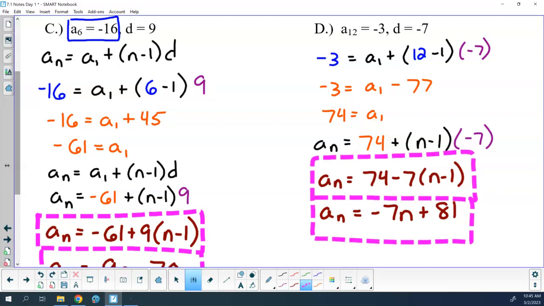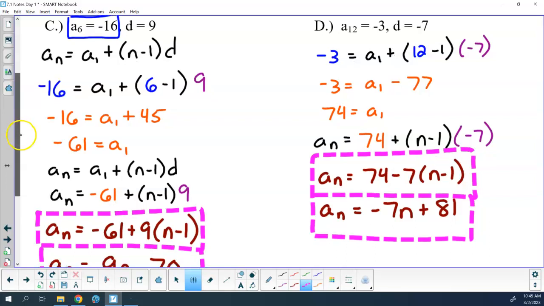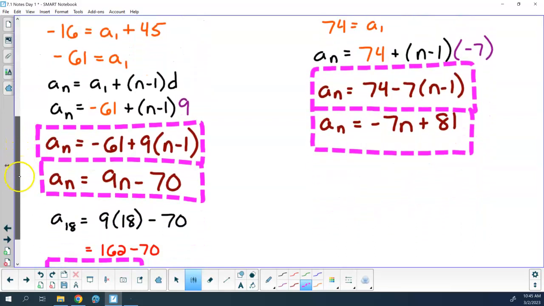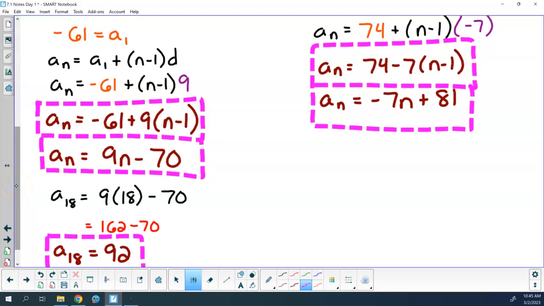Either one of those. And then we need the 18th term.